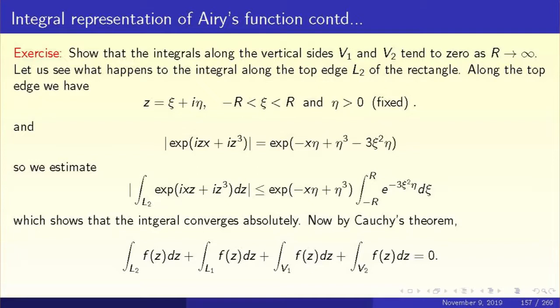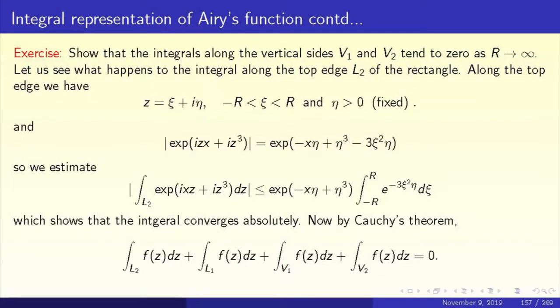Now let us appeal to Cauchy's theorem. The integral of an entire function along a rectangle must be 0. So the integral of f z dz along L1 plus along L2 plus along V1 plus along V2 is 0.